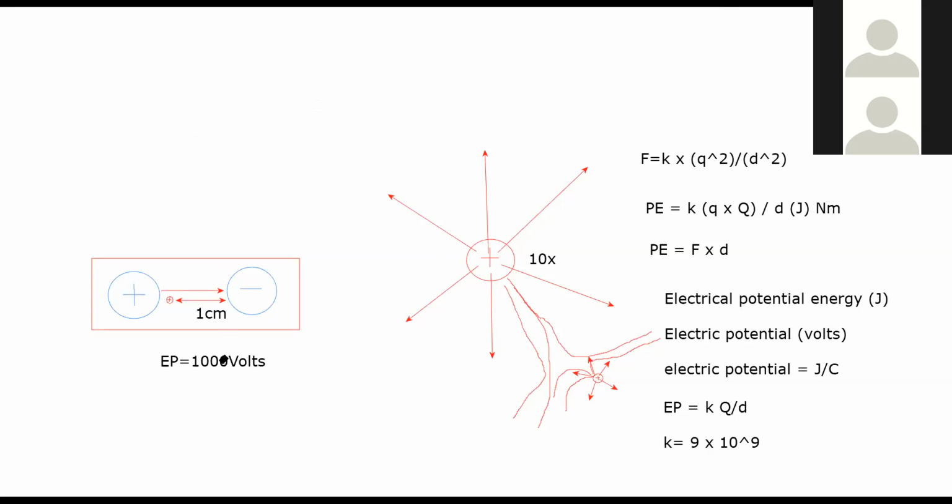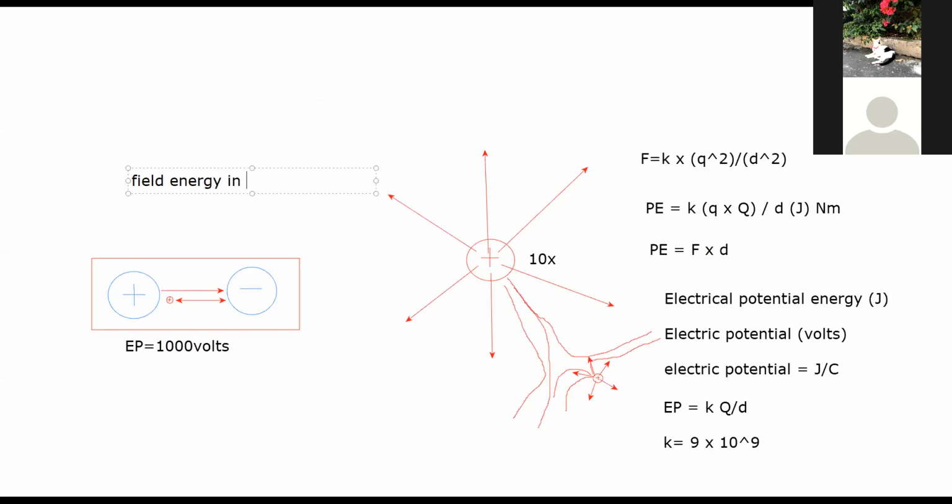So what we are actually going to be working out is we won't be giving you that. Sorry, that's too difficult. The electrical potential will still be 1,000 volts, but we will tell you what the energy of the field is. We'll give you the field energy in joules.